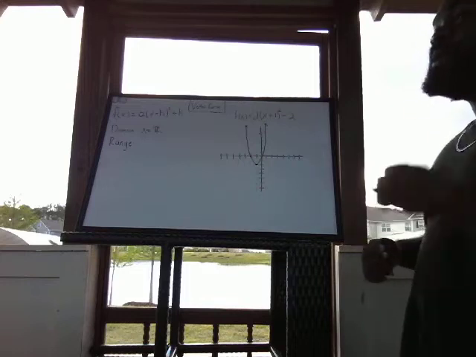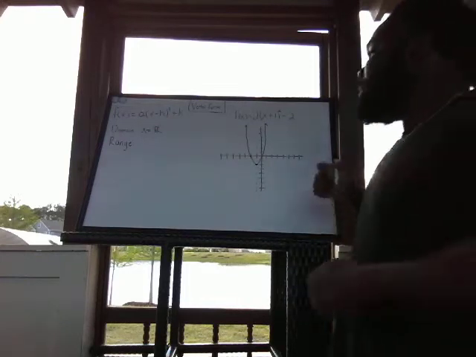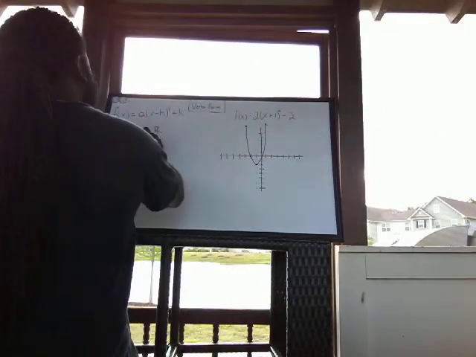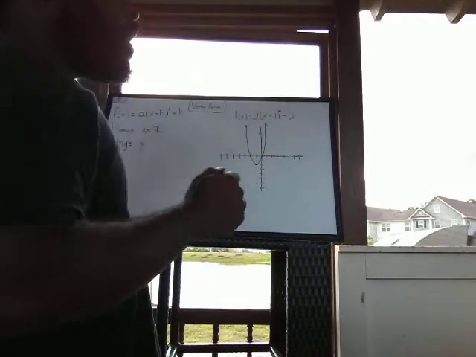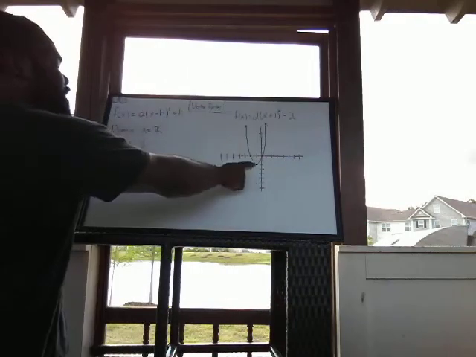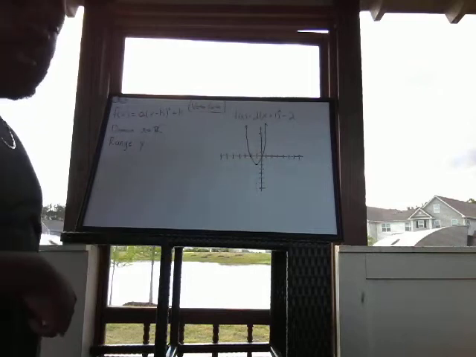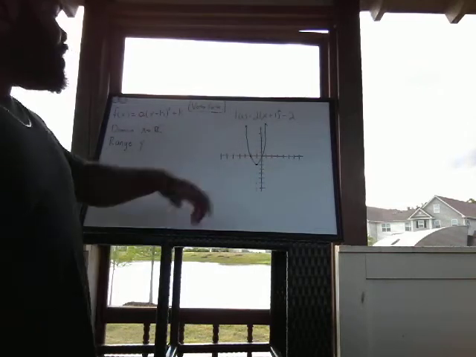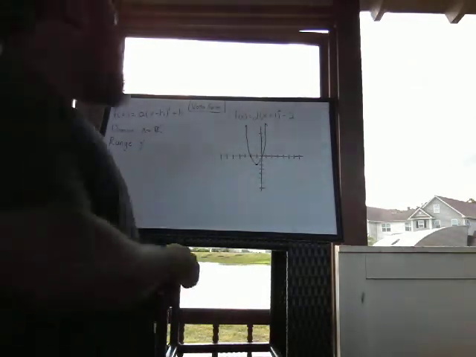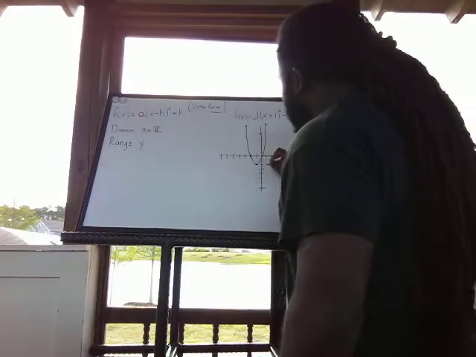This means that my y value is going to be greater than whatever my minimum is. And remember, my minimum here is my vertex, the lowest point on my graph. So what is the y value at that minimum? Right here it's -2.